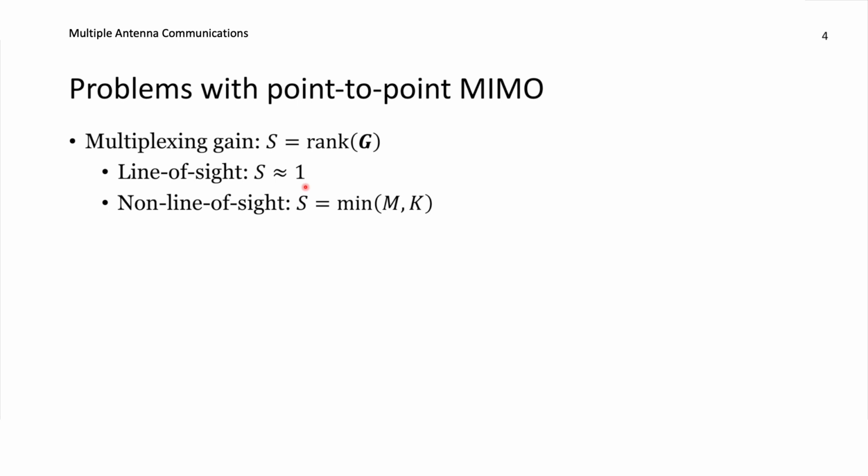Even if you add a few additional scattered paths, they will be much weaker than the direct path, and therefore you still have approximately a rank 1 matrix. In non-line of sight cases, for example with IID Rayleigh fading, you will see that the rank has its maximum value, which is the minimum of M and K.